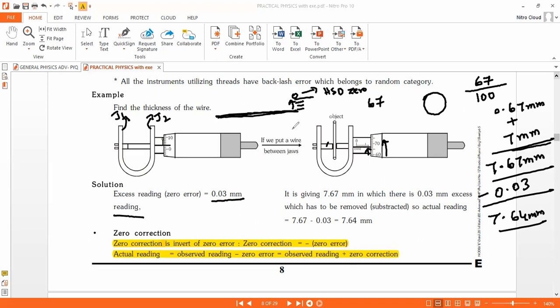So the excess reading is plus 0.03, because it is 3 by 100.